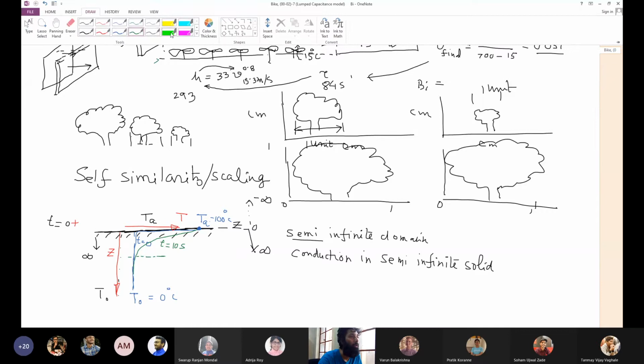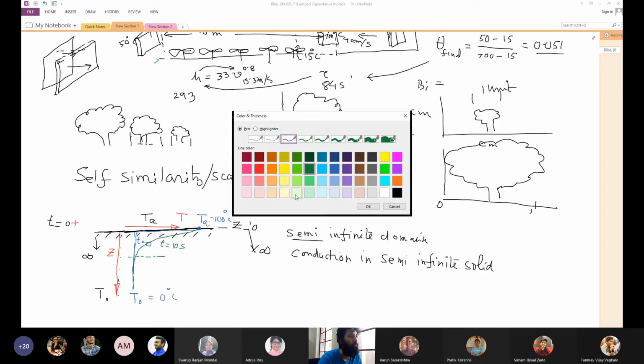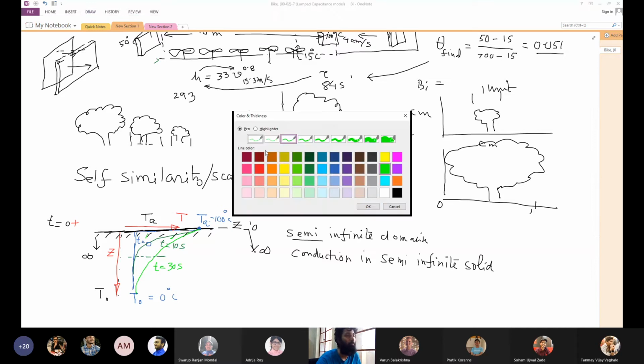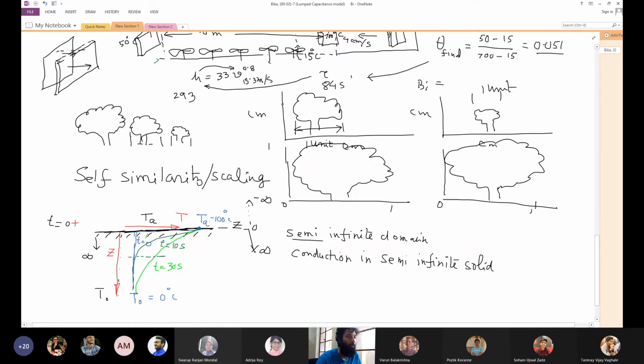Now let us go to another time, say t equals 30 seconds, and another time, say t equals 40 seconds.